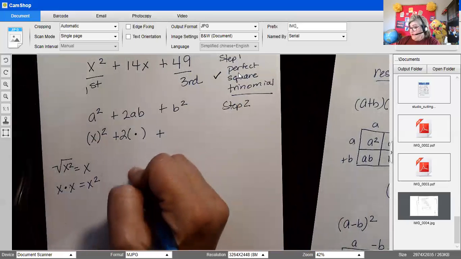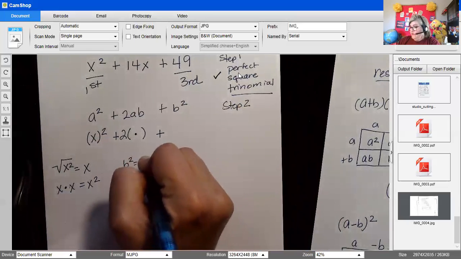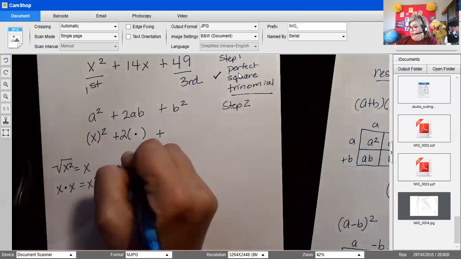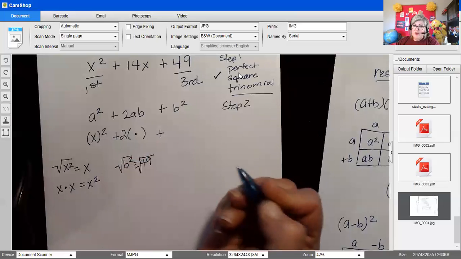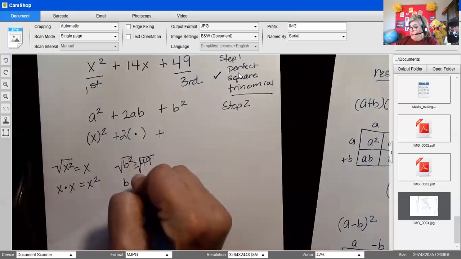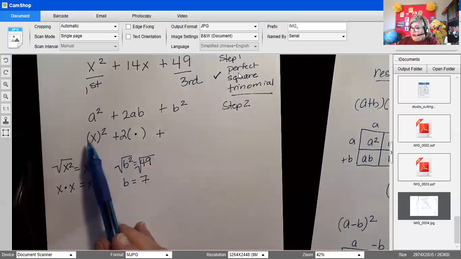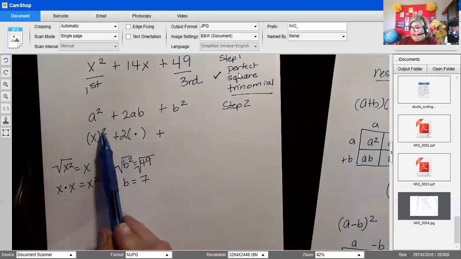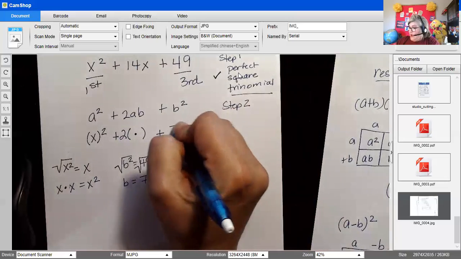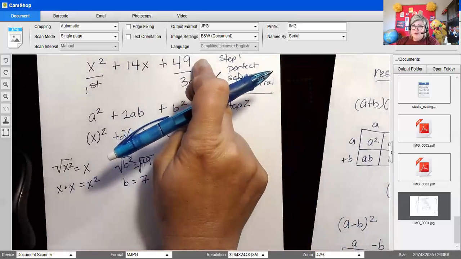If b squared is equal to 49, then to solve for b, we would simply take the square root of both sides, and b is equal to 7. So we know that x squared is equal to a squared, which is a perfect square, and 7 squared is equal to 49.